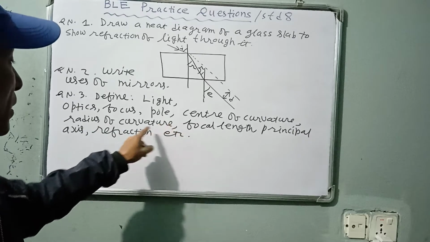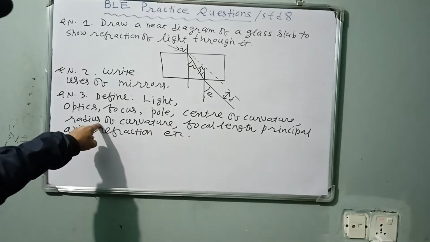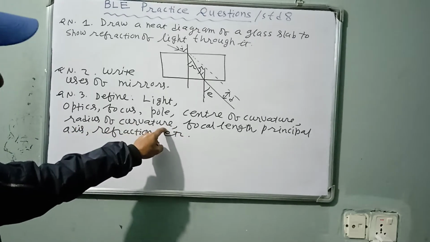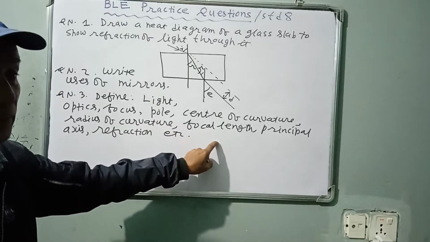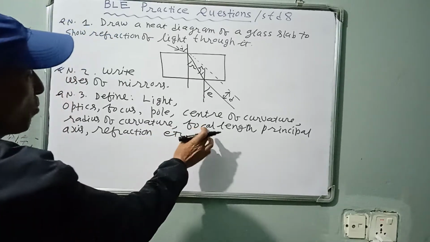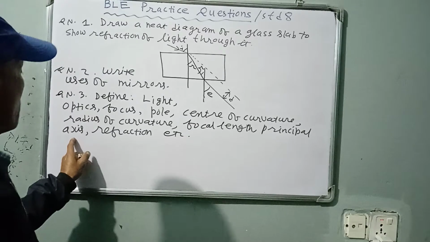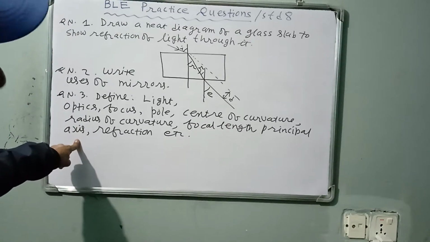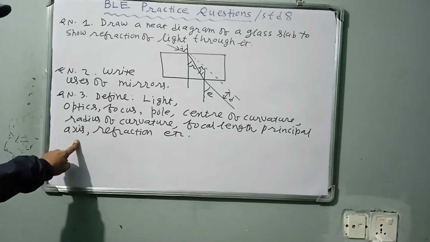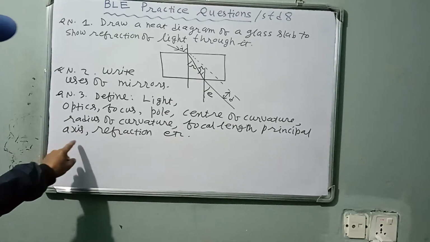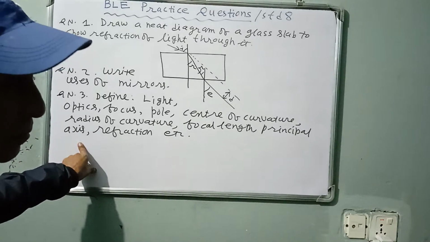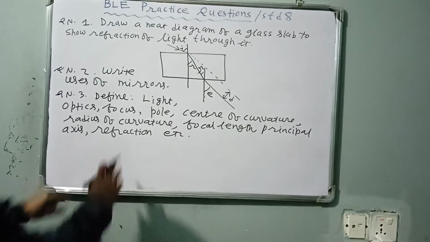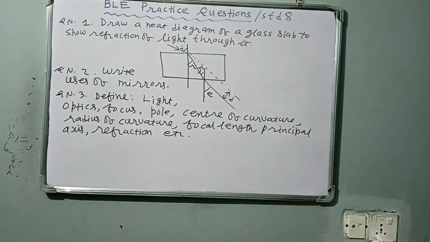Radius of curvature, it is the distance between the pole and the center of curvature. Focal length, it is the distance between the focus and the pole. Principal axis, this is the straight line which extends on both sides of the mirror and joins center, focus and pole. Refraction, the bending of light from one medium to another medium.